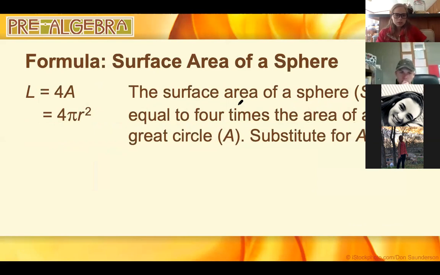Here's the formula you need to know. In order to find the surface area of a sphere, it is equal to 4 times the area of a great circle. Okay, so the surface area of a sphere is 4 pi r squared.